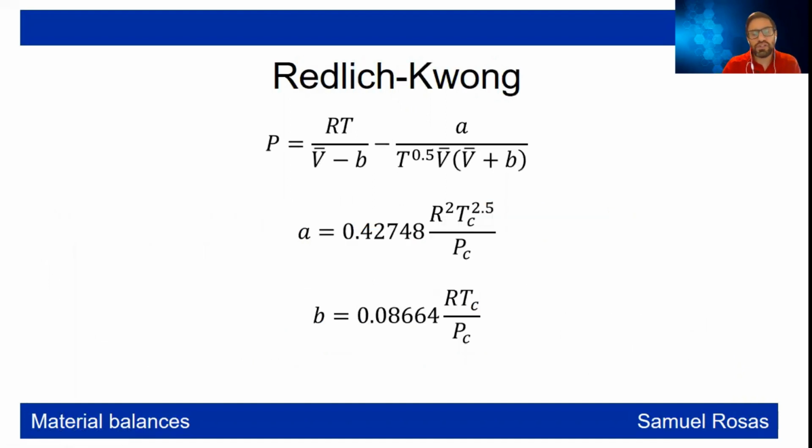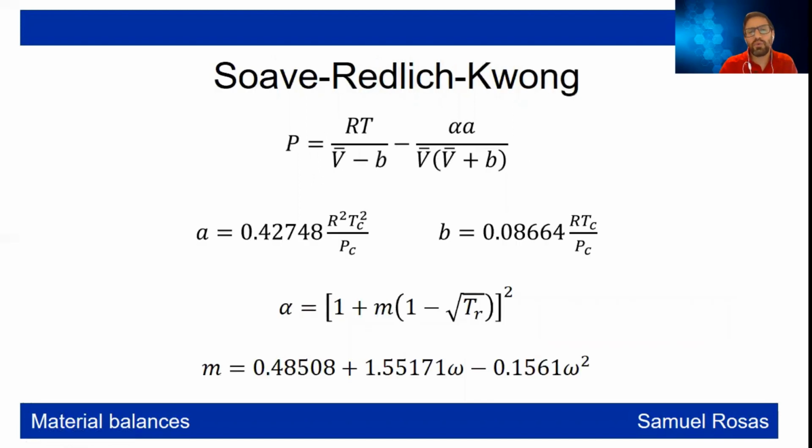There are other equations. For instance, we have Redlich-Kwong. Here you have an expression where you add a temperature to the power of 0.5, and still you have A and B parameters. They are kind of different, but still you are working with the critical pressure and critical temperature.